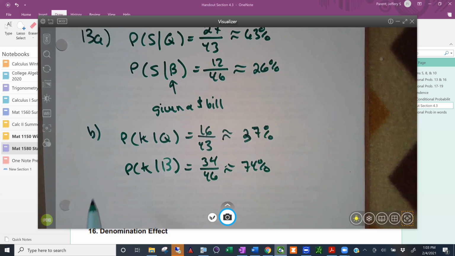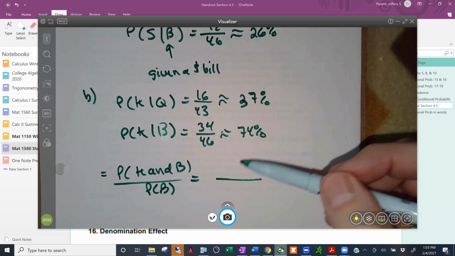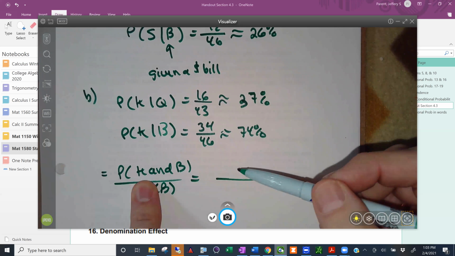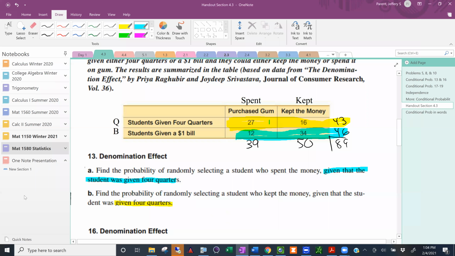Now, technically, if you wanted, you could calculate this as the probability of K and B divided by the probability of B. And that's really what the formula would say. What you would have to do is find out how many people kept the money and were given dollar bills. So that'd be 34 out of 89.